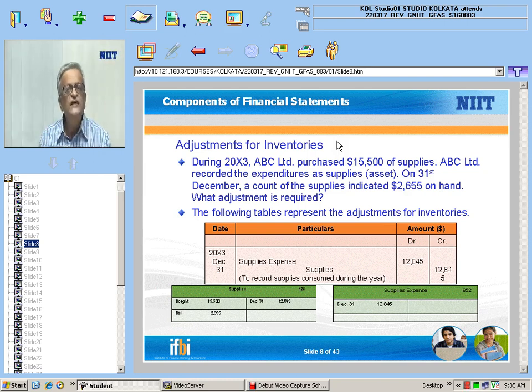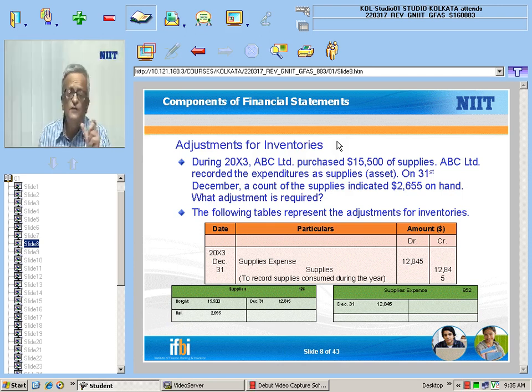The supplies account is an asset account. So when an office purchases any consumable item, what is debited is the asset account.